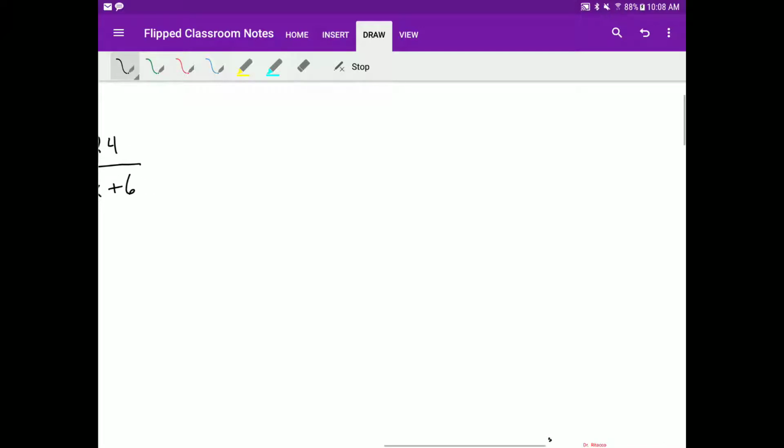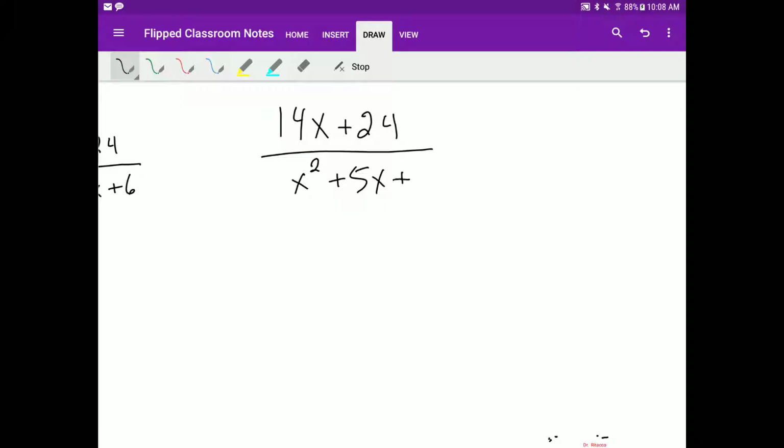I have 14x plus 24 over x squared plus 5x plus 6. Now this came from somewhere. We have a sum up there, some 14x plus 24, so we added some fractions.